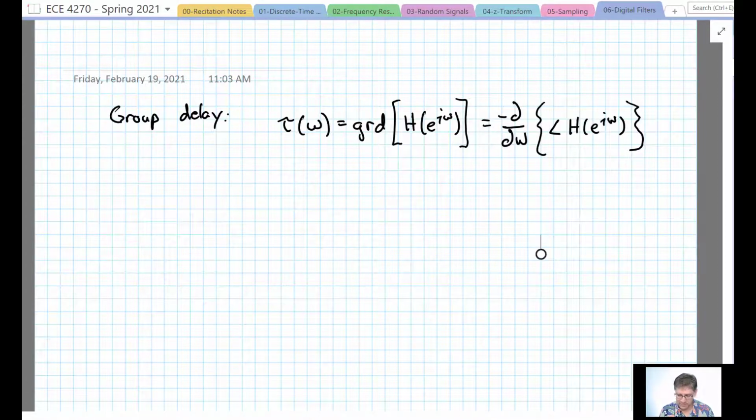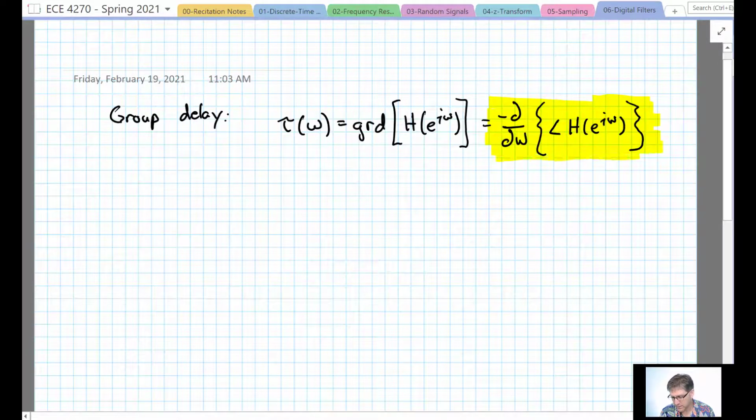And it's defined as the negative derivative of the angle, the argument of H of e to the j omega, with respect to omega.